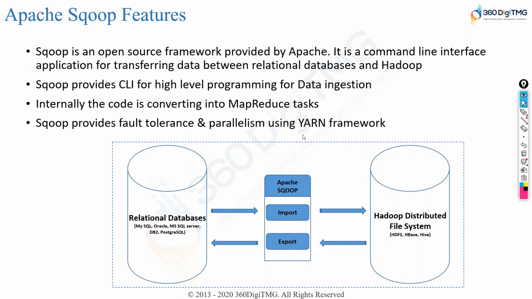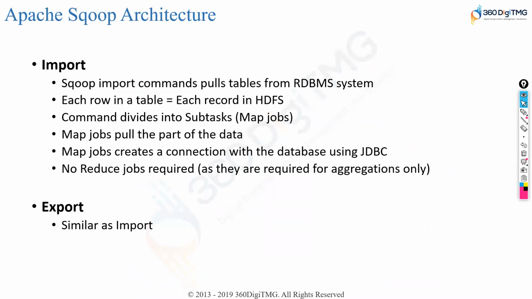Now, how does it actually work? I'll talk about import. Export is very similar to what you understand here. Same logic. So I'm writing an import command. When I say import, you're going to write the command from the HDFS or Hadoop environment to import data from SQL.